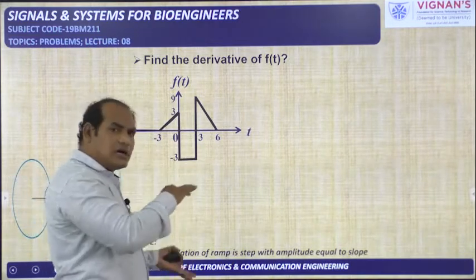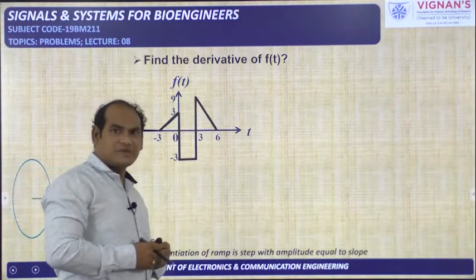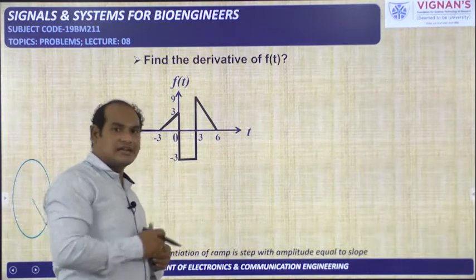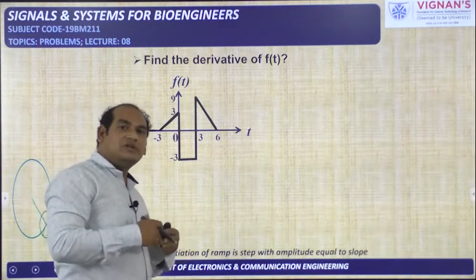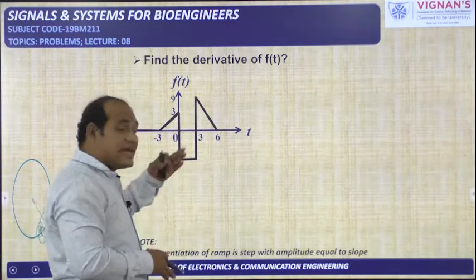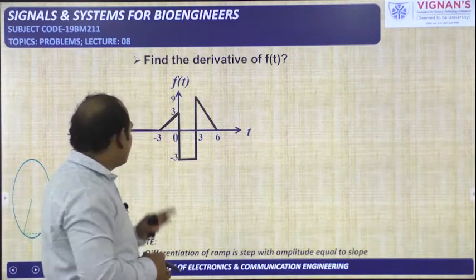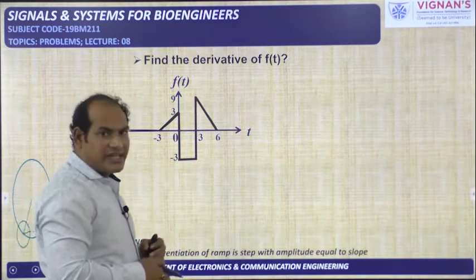You can do it in another way also, that is, you can write the mathematical expression and then calculate the derivative. Here I am doing the derivative part only, without writing the mathematical expression. So I can directly write the derivative for this one, but for that you need to observe this very carefully.